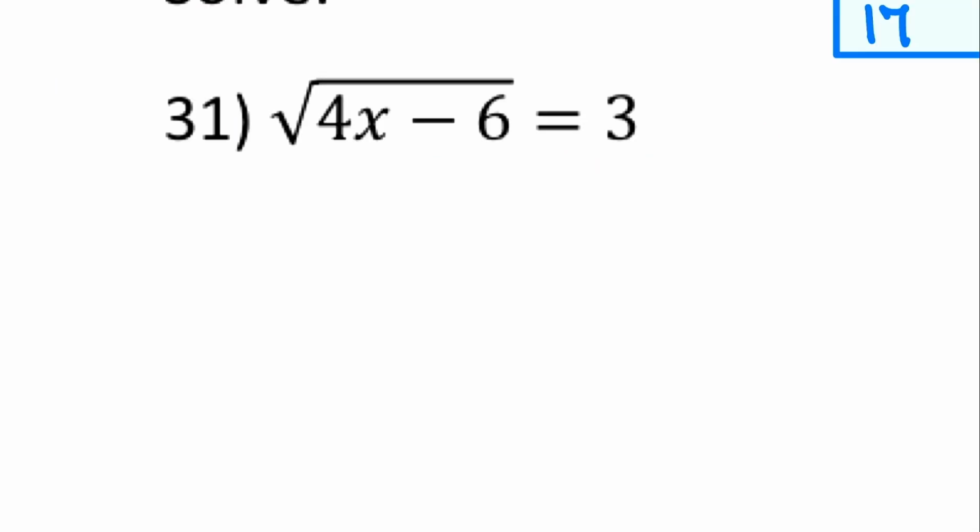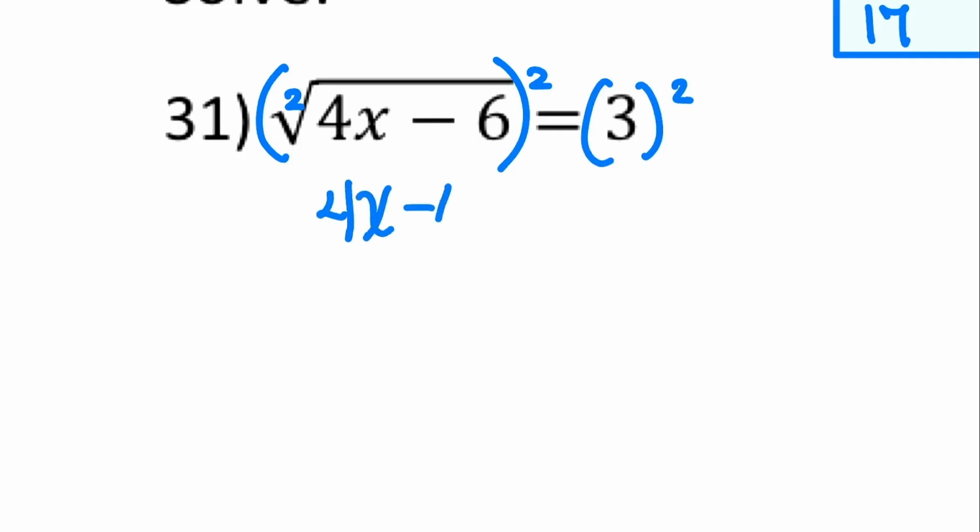This is solving a radical equation. When you're solving these, you have to think about the opposite, how to cancel out a radical. Since we have an index of 2 here, we are going to square both sides. So we're going to end up with 4x minus 6 because a square root and a square are inverses of each other.